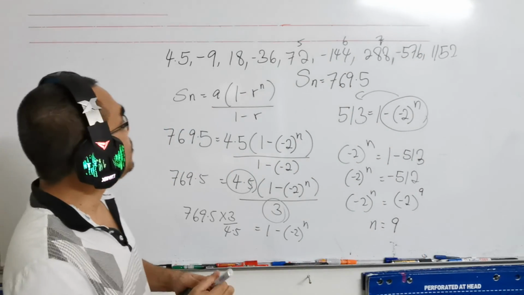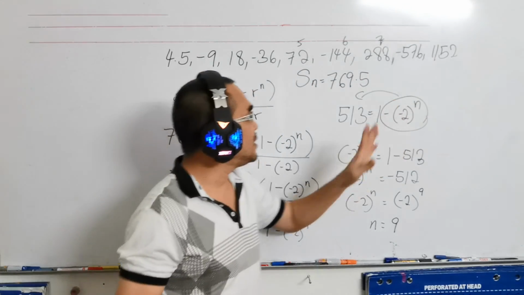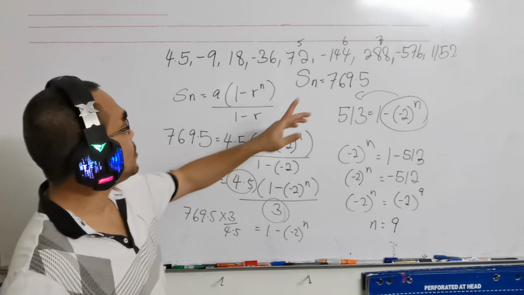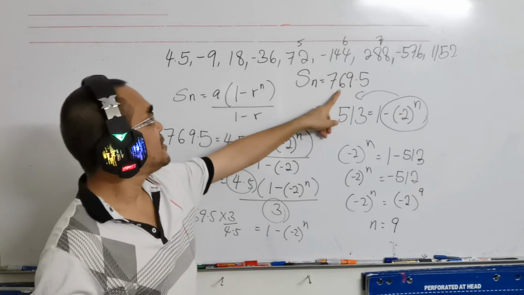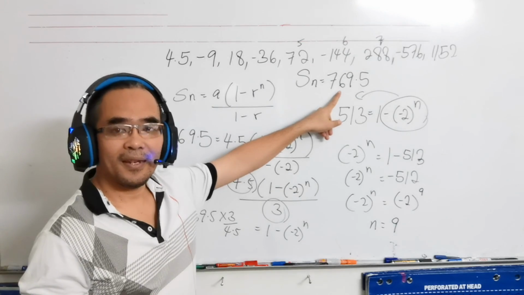Okay, so what you do now, you just add manually. You will get that the total will be 769.5. Okay, let's try out.